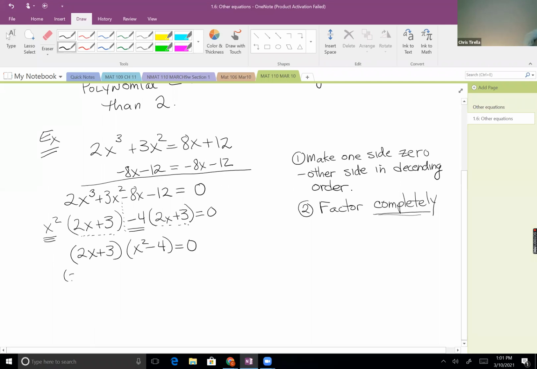Doesn't that factor into, let's see, x squared? Well, that's x times x. 4 is 2 times 2. To be a -4, one's a plus and one's a minus. Do you remember the difference of squares factors into the sum and difference? Do you see it now?